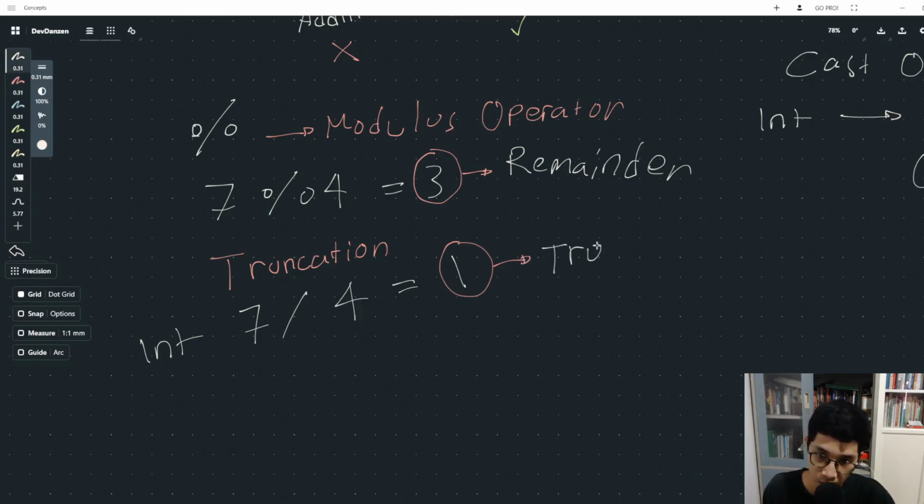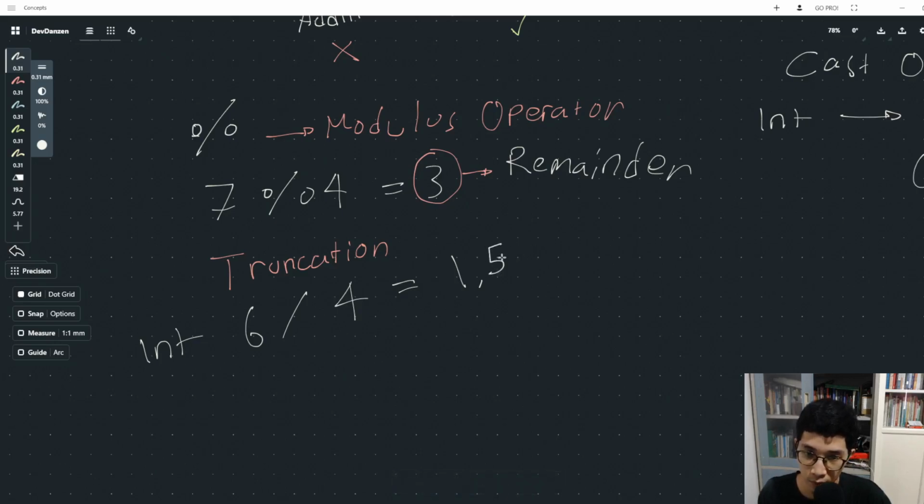Let's just say it's 6. 6 divided by 4 is equal to 1.5.